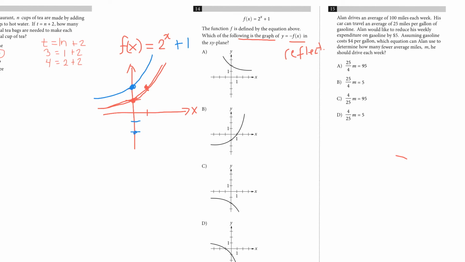If I reflect this point, and this point here is down here, and so on, it's going to look like this. But I'm going to look for something that crosses the y-axis at negative 2. Well, certainly it's not this one. It's not this one. Here's one at negative 2, here's one at negative 1. So the answer should be C. It crosses the y-axis at negative 2, right there. And that was it for number 14.